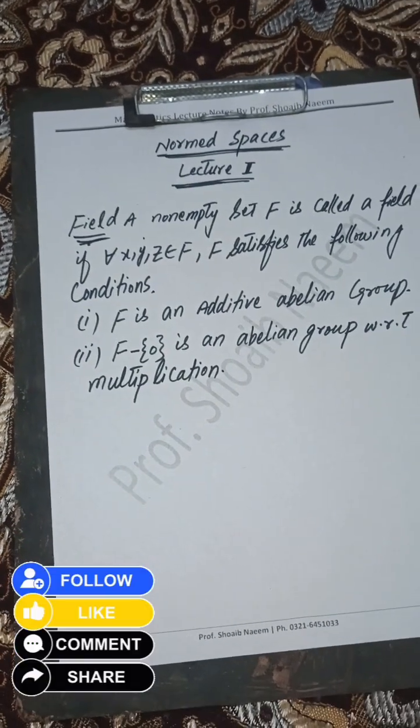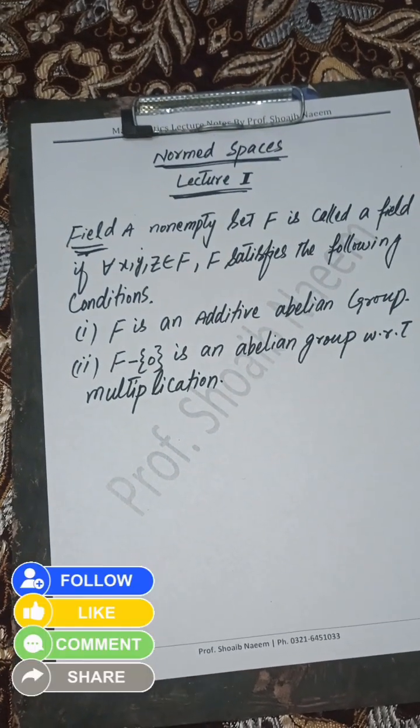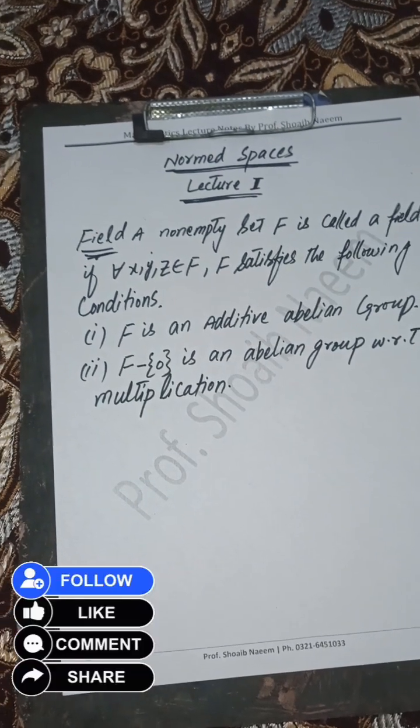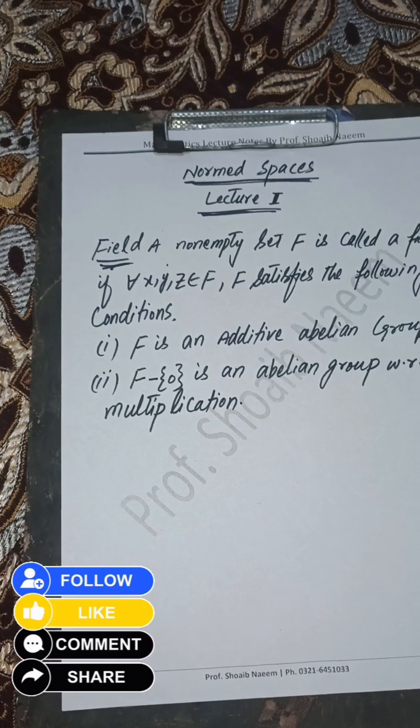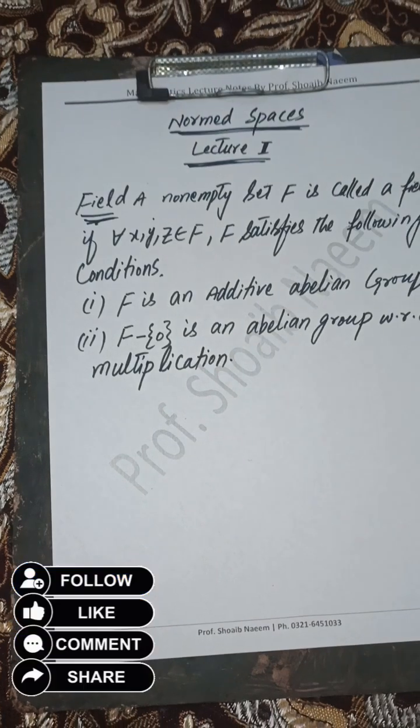It means non-zero elements of F, when they make a set, the set is closed with respect to multiplication. Associative property with respect to multiplication holds.